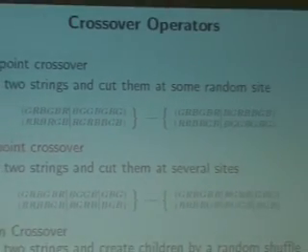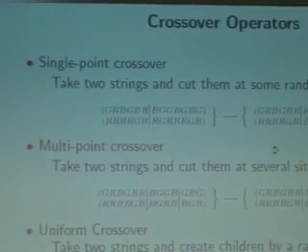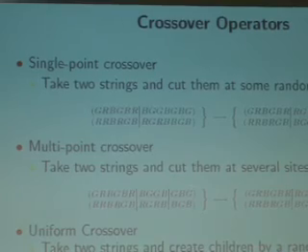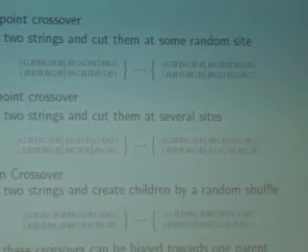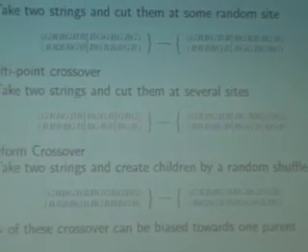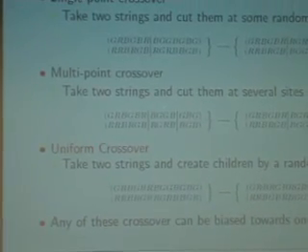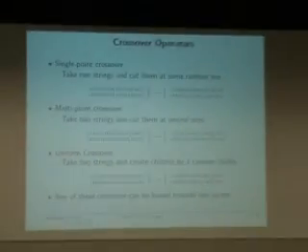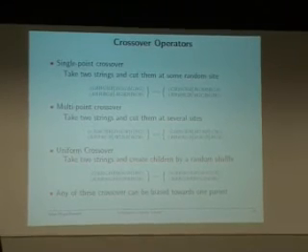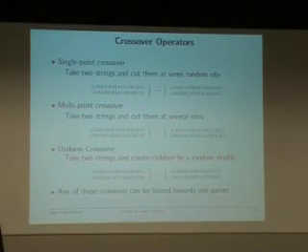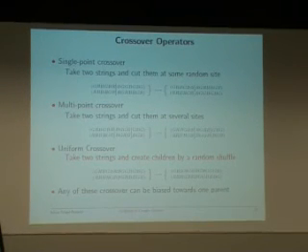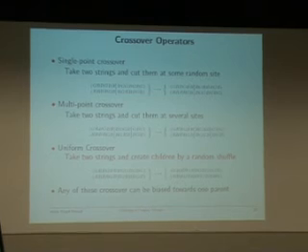You can do what's called multi-point crossover, which is you split the strings into various places, and then you take some from one child and others from the other child, and then you can take this to the extreme limit, which gives you what's often called uniform crossover. So you could create two strings, and then you basically randomly shuffle between those strings. You can either take one of these children, or you can take both of those children.